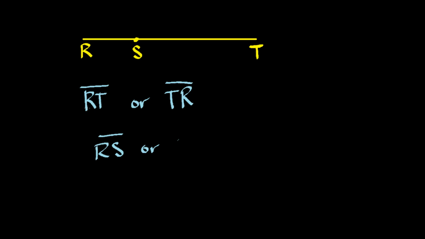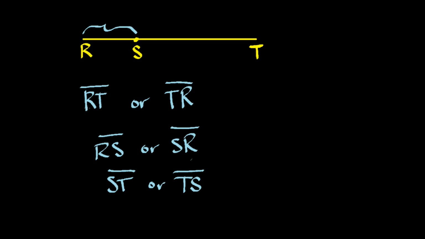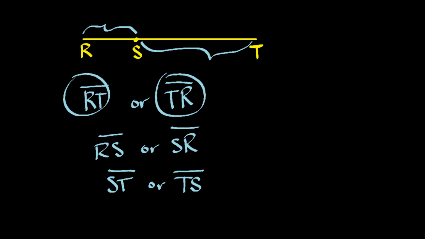RS or SR are incorrect, as those only represent the segment that's this long. Similarly, ST or TS are incorrect because that only represents the segment that's this long. So again, the only ways to name segment RT accurately are segment RT or segment TR.